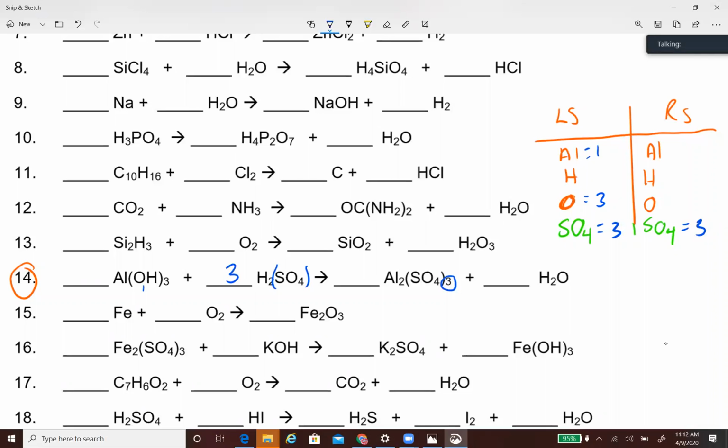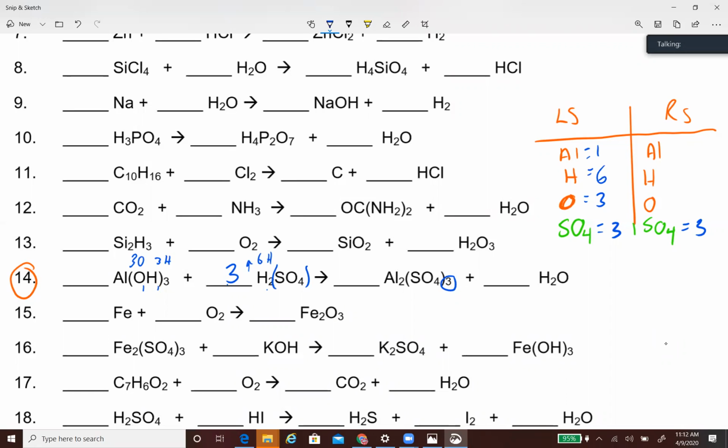So there's 3 oxygen over here, and there's 3 hydrogen over here. But there's also another 6 hydrogen, right? Because look, 2 times 3, that would be another 6 hydrogen. So what I have is 3 oxygen and 6 hydrogen.